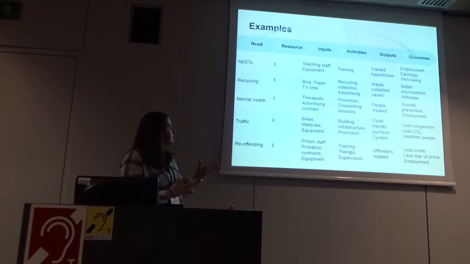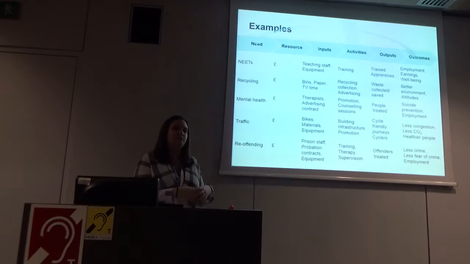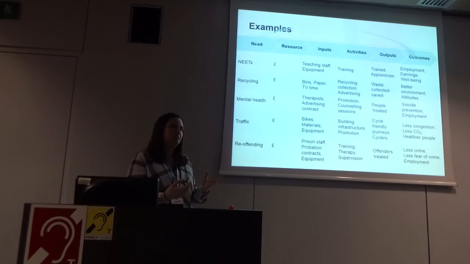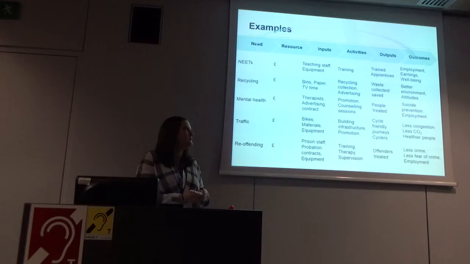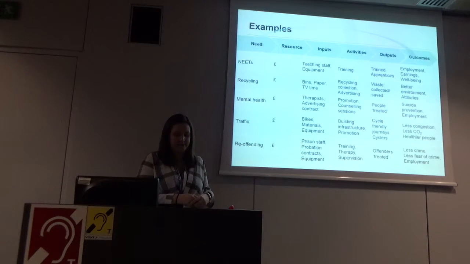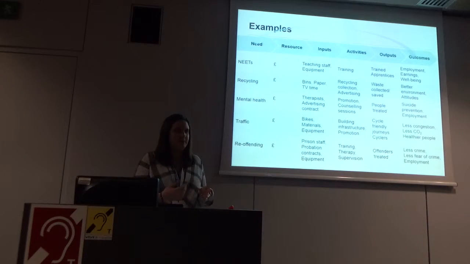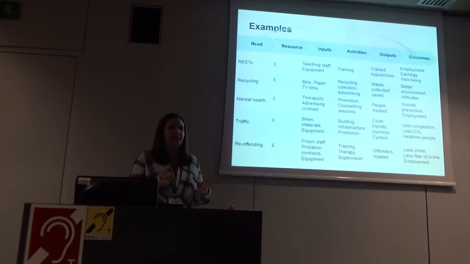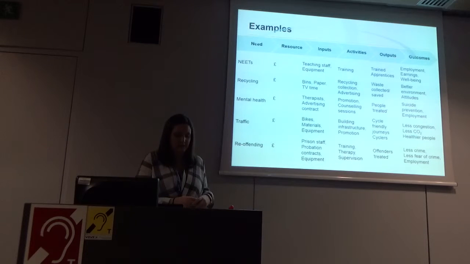You've got some money, you spend it on staff, on funding for businesses, on equipment, on course materials, and then the output that you want at the end is a trained apprentice. The number of hours spent in training and the number of lessons, that's not the output, that's the activity that you undertake to complete it.